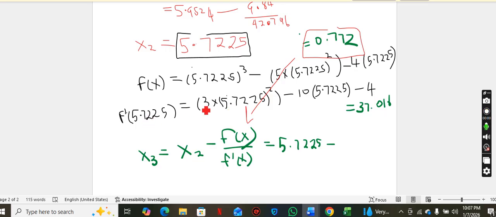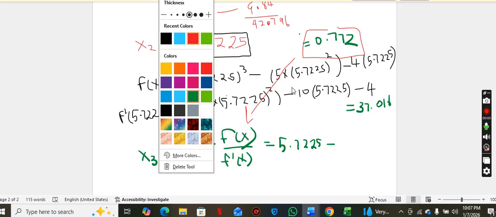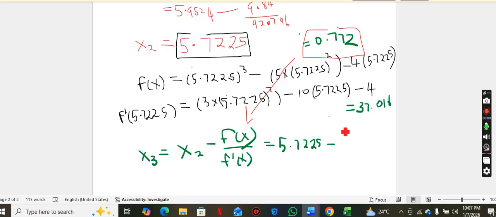The solution you got from substituting in the derived function comes at the bottom. So 0.772 divided by 37.016.